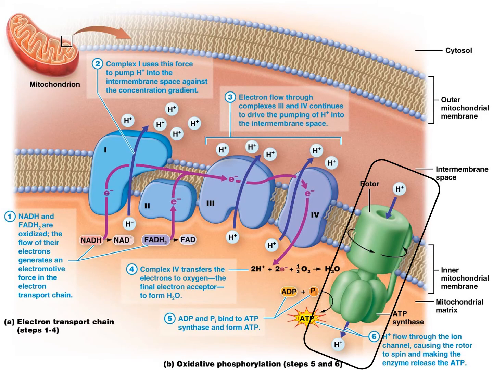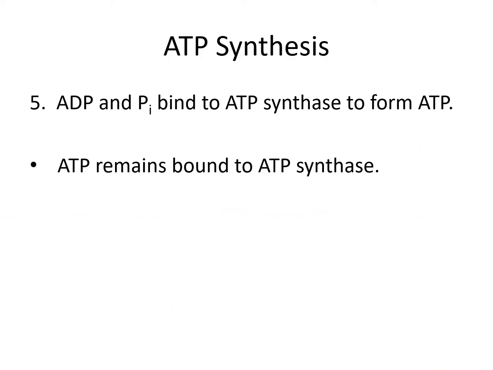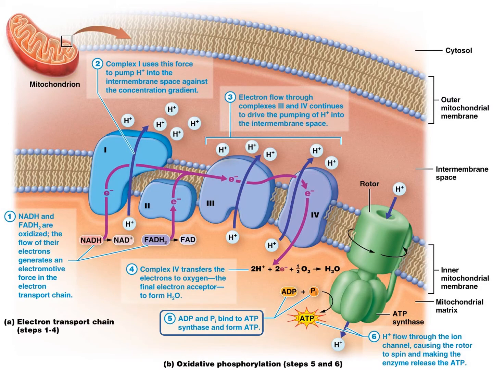As the hydrogen ions pass through this channel, it's going to drive the ATP synthase to phosphorylate ADP to form ATP. So, as we said, ADP will bind phosphate on the ATP synthase to form ATP. And the ATP remains bound to the ATP synthase.